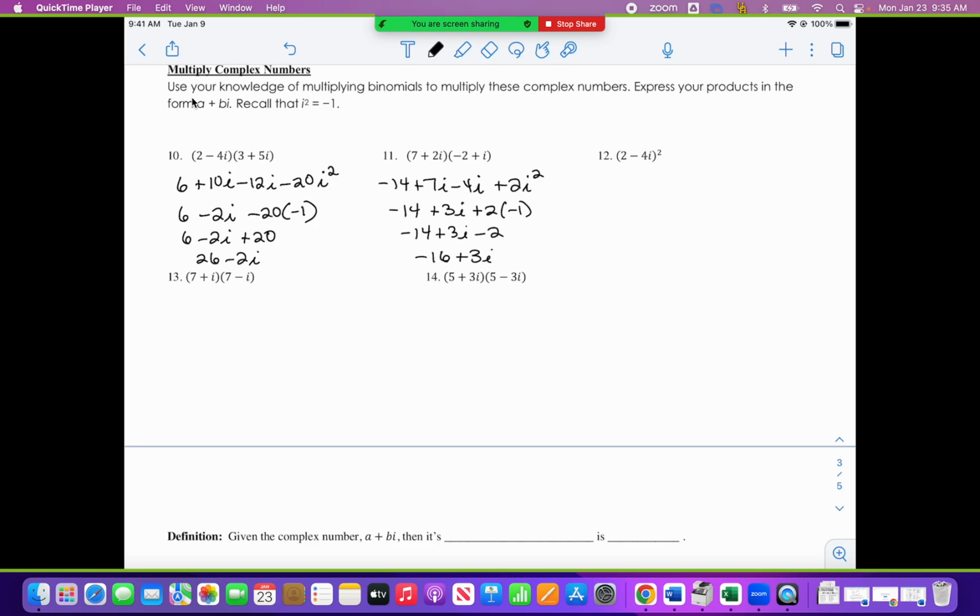Number 11, check it. I got -16 plus 3i. Did you get that? Yep. Okay. Keep working. Where'd you get 28 from? Because isn't that -2? You're adding. You multiply next.